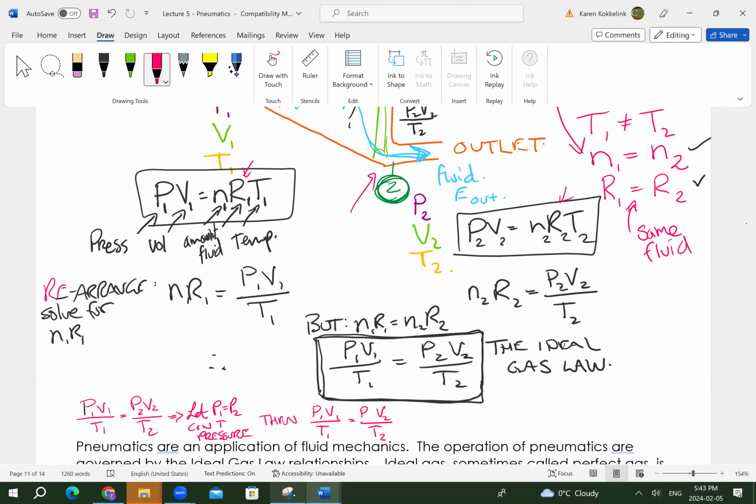So it would be like P1 on both sides of your equation. If there's P1 on both sides of your equation, then you can cancel out that P1. So then all we're left with is the relationship V1 over T1 equals V2 over T2, where you're left with this relationship if you have constant pressure.